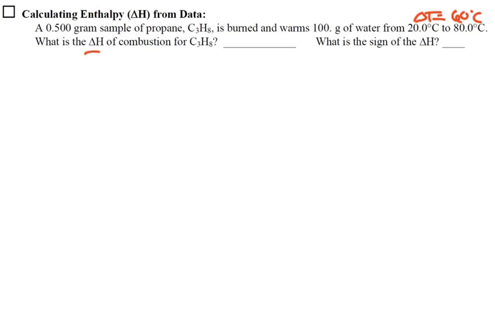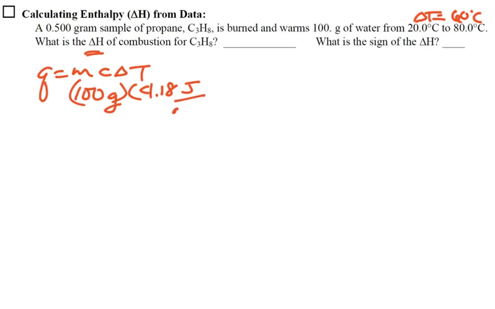Okay, so we want delta H. The first thing we're going to do is figure out our q. So q equals mc delta T. The mass of the water, we have 100 grams of water, times c, up at the top of the page, 4.18 joules per gram degree, and times 60 degrees.